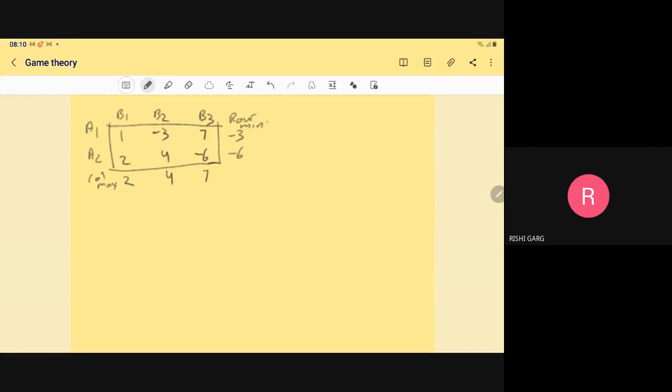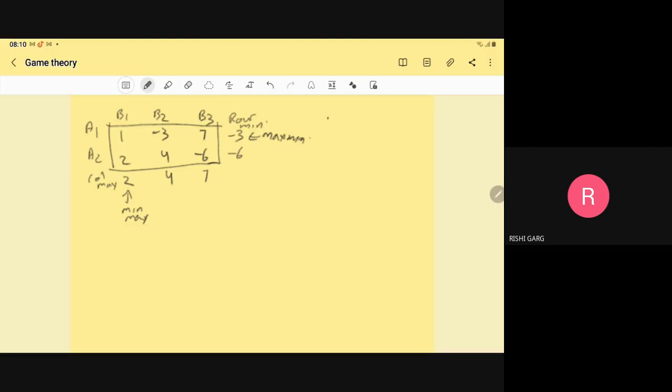From here we compute the maximin and the minimax. Here you can see that maximin is not equal to minimax.